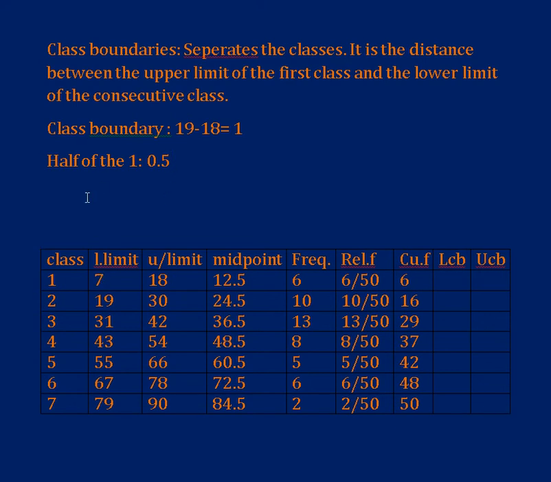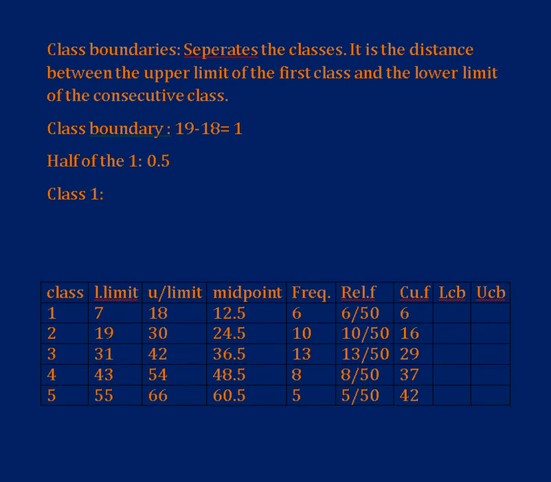So for example, in the case of class 1, the lower class boundary will be equal to 7 minus 0.5, and that's going to give us 6.5.